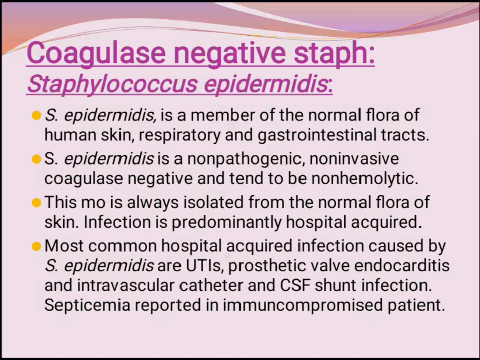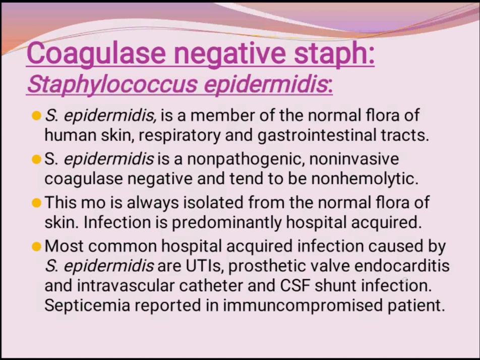The most common hospital-acquired infections caused by Staphylococcus epidermidis are urinary tract infection, prosthetic valve endocarditis, intravascular catheter, and CSF shunt infections. As we see, all these infections are related to instrumentation. Urinary tract infection is mainly due to the entrance of the microorganism through the urinary catheter.